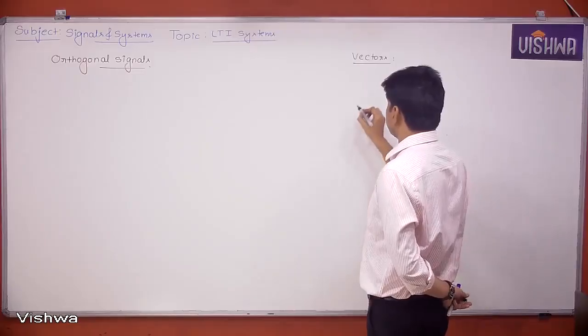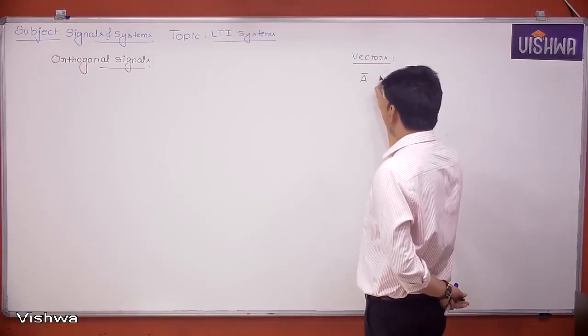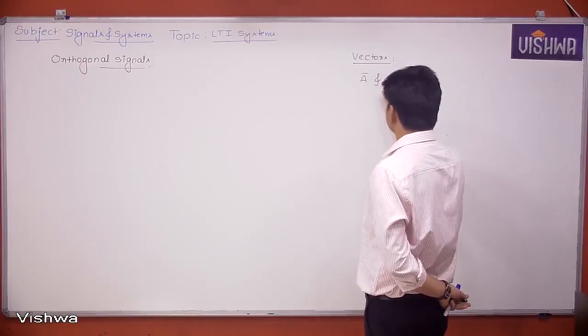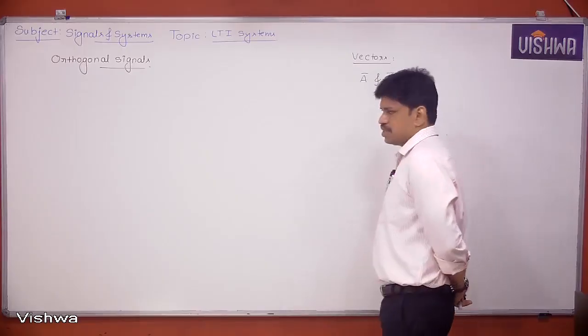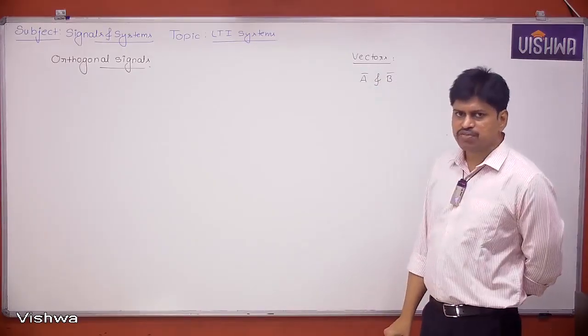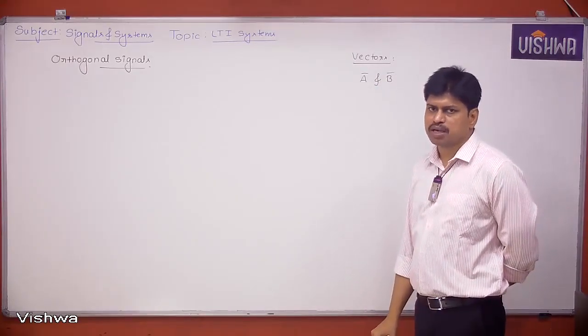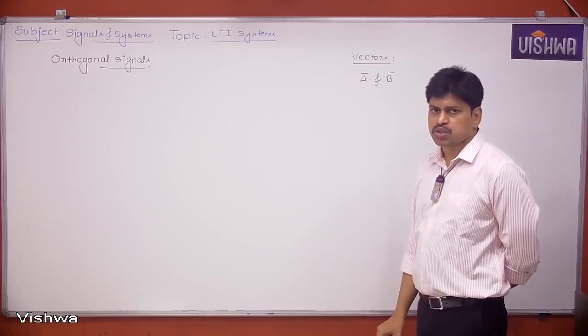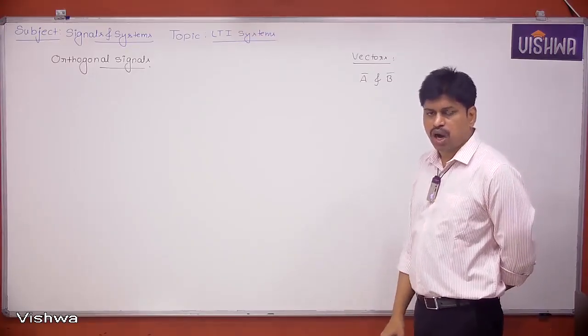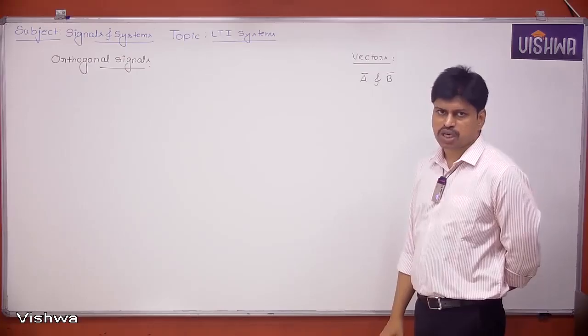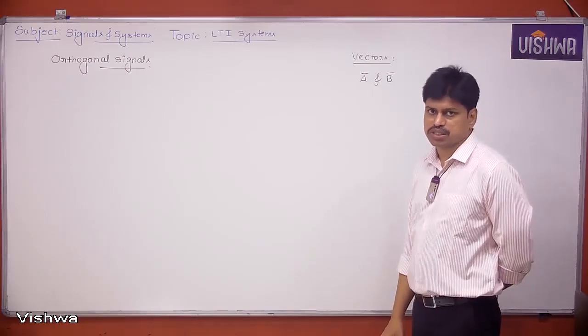Suppose A bar and B bar are given, two vectors. When can we say two vectors A bar and B bar are orthogonal? Suppose two vectors are given to you. How can we determine they are orthogonal to each other? That means they are perpendicular to each other.